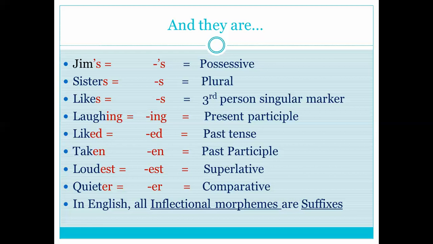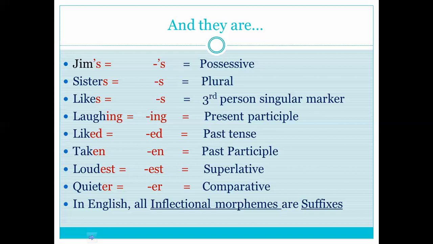When changing the tense, like into the past tense. Past participle, take, taken. Superlative, loud, louder, loudest, right? Superlative and comparatives. And in English, all inflectional morphemes are suffixes, which means they all come after.